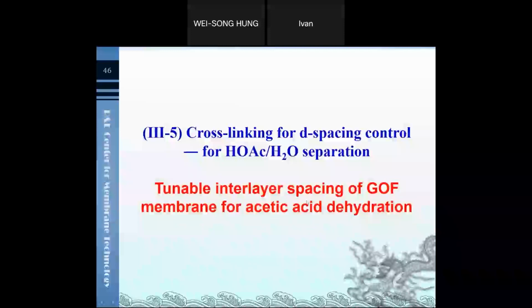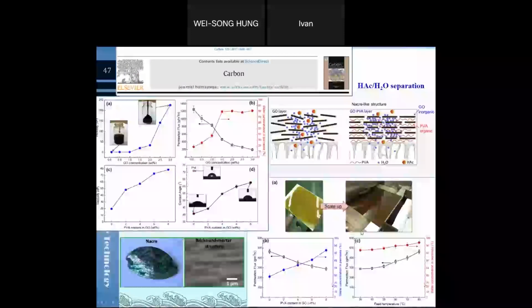After all of the alcohol dehydration, we challenged it with a more difficult separation, acetic acid dehydration. Acetic acid separation is also a big challenge in the industry.